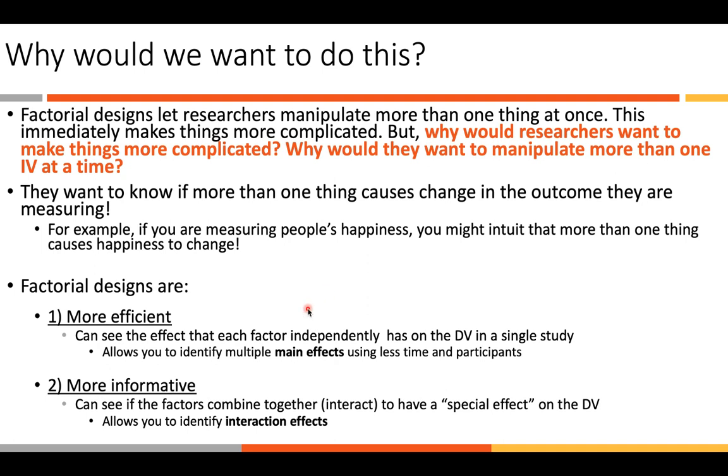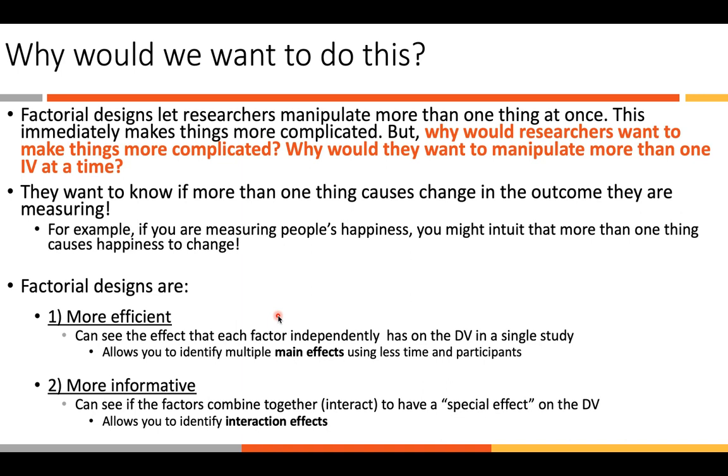So we prefer these designs because they're more efficient, first of all. We can include two or three independent variables in a single experiment rather than having to run multiple experiments, which can take time, which can cost money, which might require more participants.